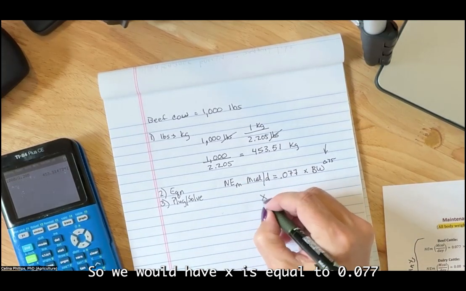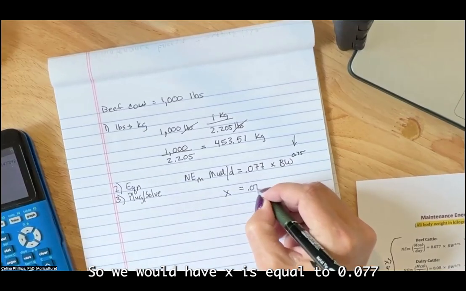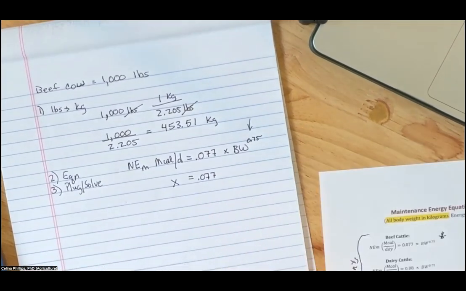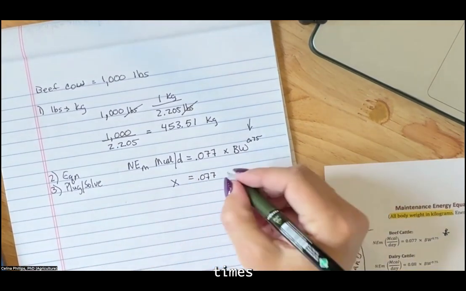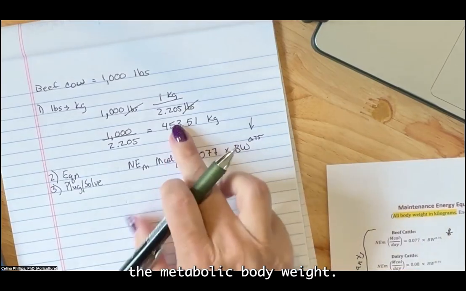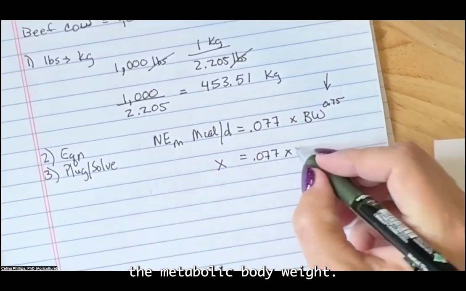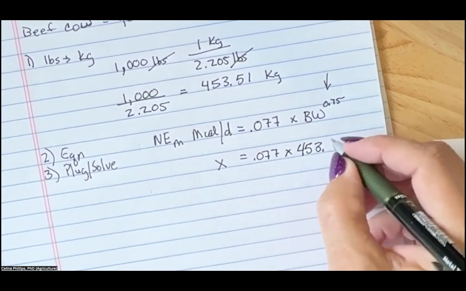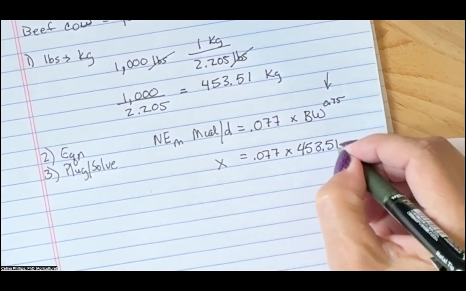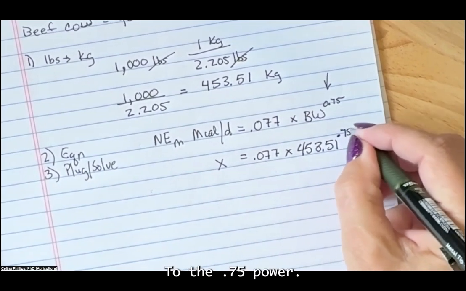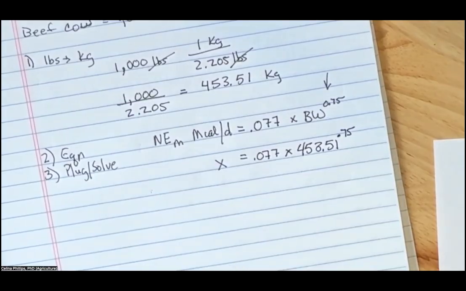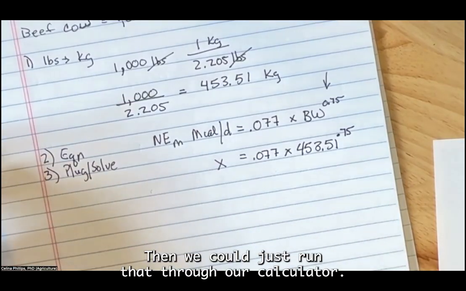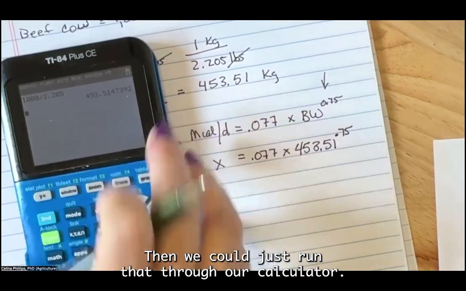So we would have X is equal to 0.077 times the metabolic body weight to the 0.75 power. Then we could just run that through our calculator.